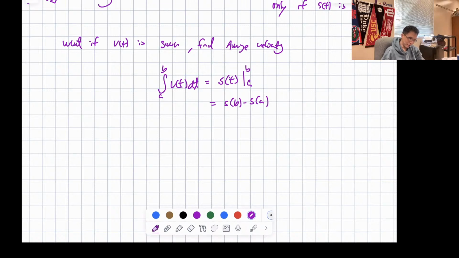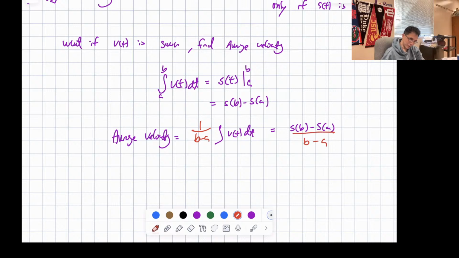So the average velocity is equal to the integration of v of t dt, which is equal to s of b minus s of a. But the problem is it's missing this part. And that becomes the average velocity, because this is the average value of velocity.